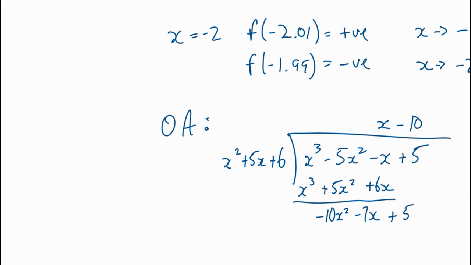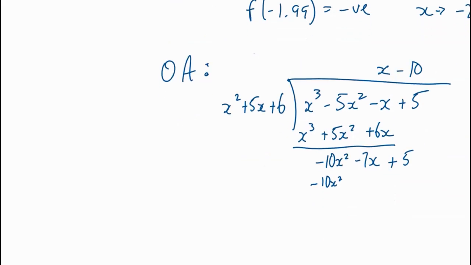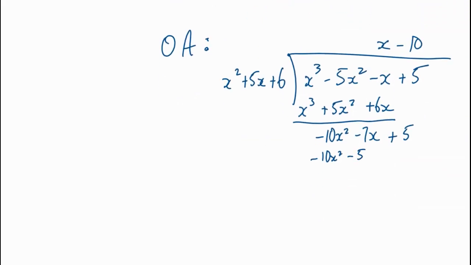X squared times negative 10 gives me negative 10x squared. Negative 50x and negative 60, whew, big numbers. Okay, 0, negative 7 minus negative 50 is negative 7 plus 50, so that's 43. Doesn't matter if they're big numbers, we're not really doing much with them. And 5 plus 60 is 65.